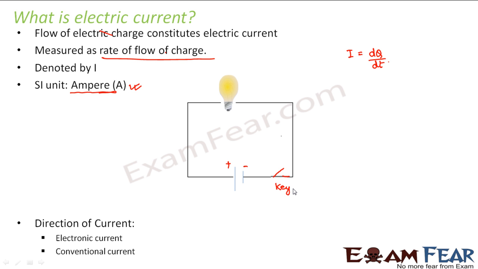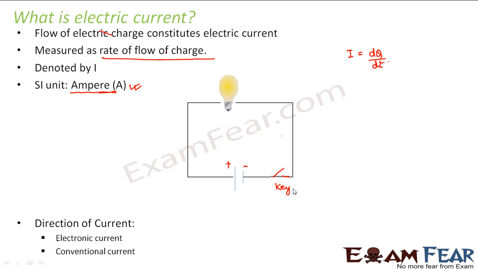Now, what about the direction of current? Let me clarify a very important thing right away. However I am talking about the direction of current, that doesn't mean that current has a specific direction. This direction of current basically talks about from where the current will originate and where it will terminate, right?